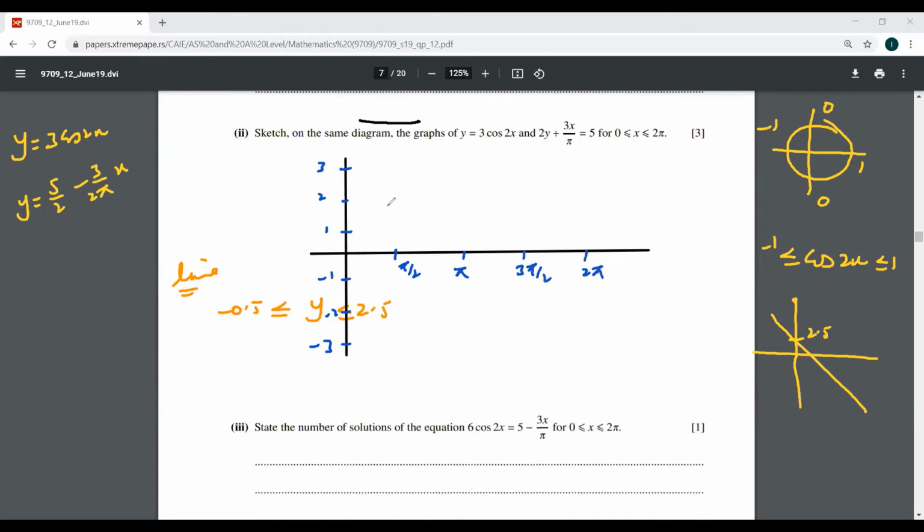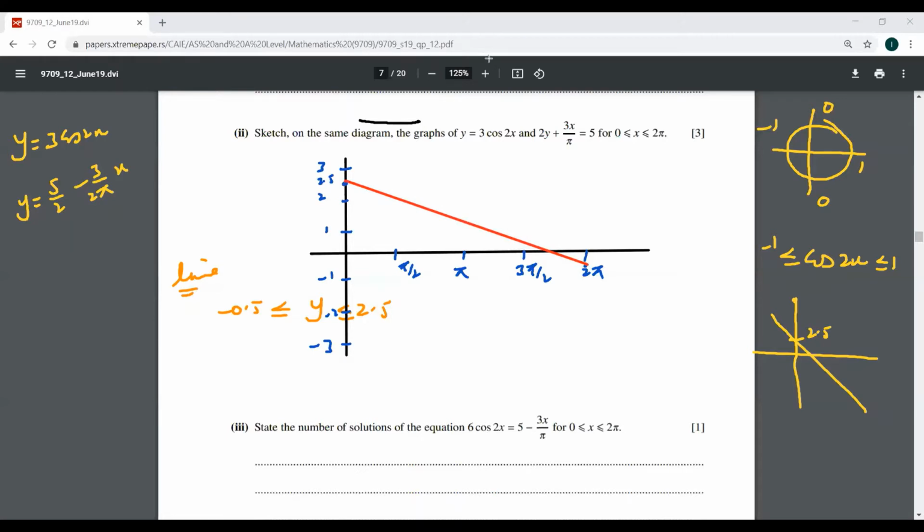Let's first draw this. It is 2.5 at 0, and at 2 pi this was at minus 0.5. So let me draw this line first with the red line. The line is going to be like this, so the red one is my line.